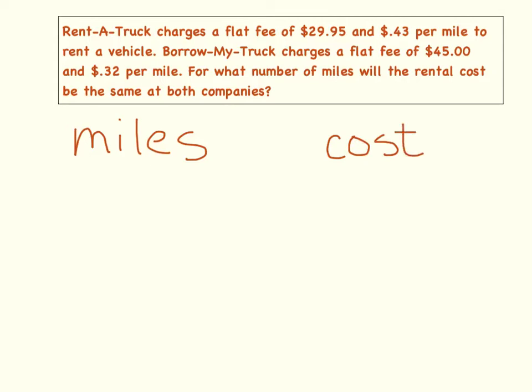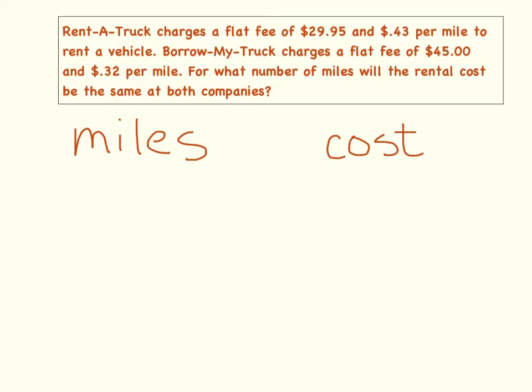Now we need to determine which one of these is the independent variable, or the x, and which one of these is the dependent variable, the y. I do this by just thinking about this word problem. It's talking about the number of miles and the cost, and if I look back at the beginning, it says it charges a flat fee and 43 cents per mile. Well, let's think about this.